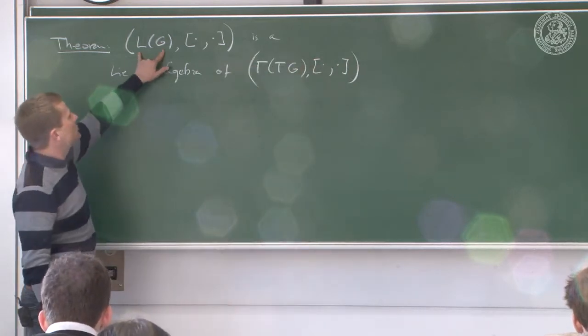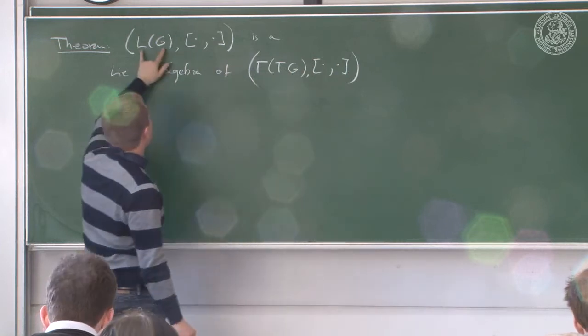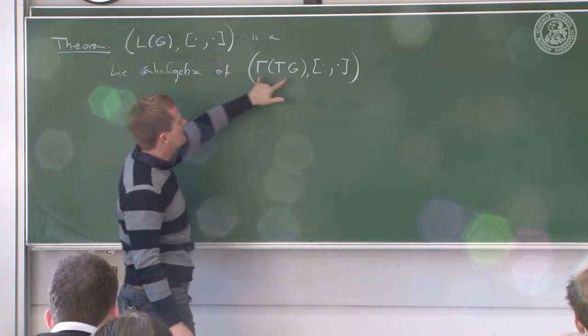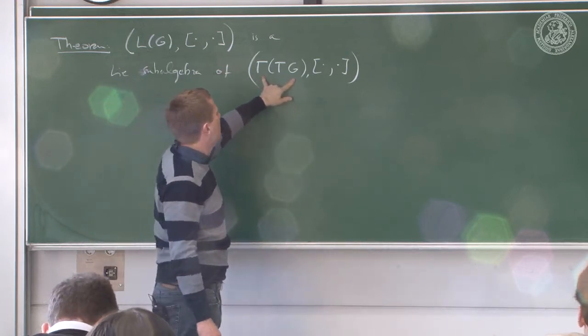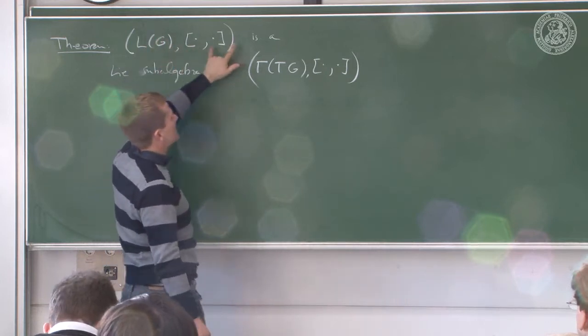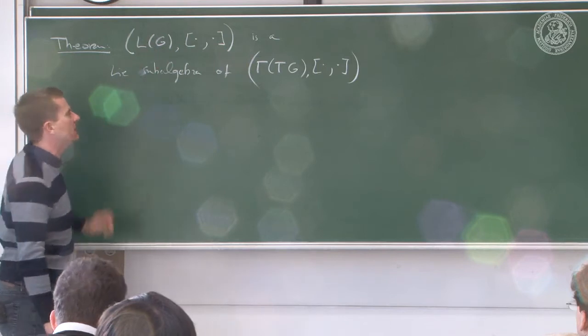Well, I know that L of G is a subset of gamma of TG, and I know that it's even an R subvector space of this guy. Now, what is it with the brackets? This is the bracket only restricted to this, but the question is, does the bracket close on L of G?